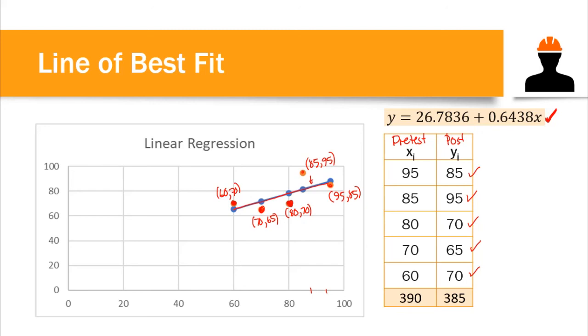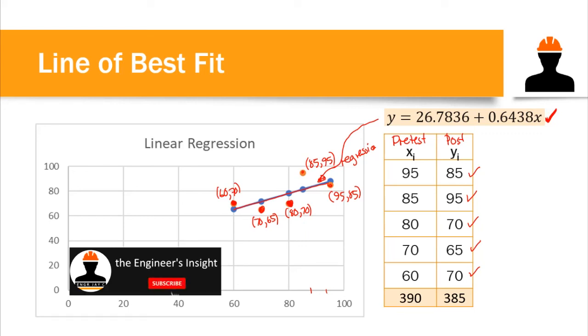But as you can see here, they are still correlated somehow, since they are not too close but not too far from the line, or our regression line. Again, this regression line is generated from this equation, y is equal to 26.7836 plus 0.6438. Okay, so that is our line of best fit.